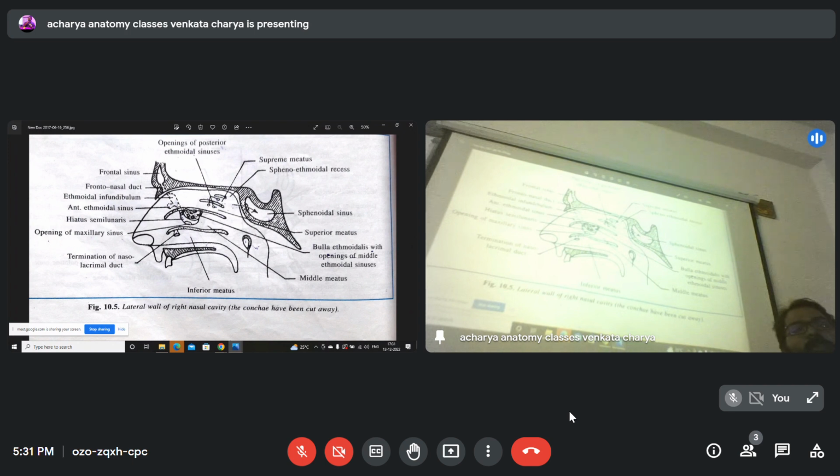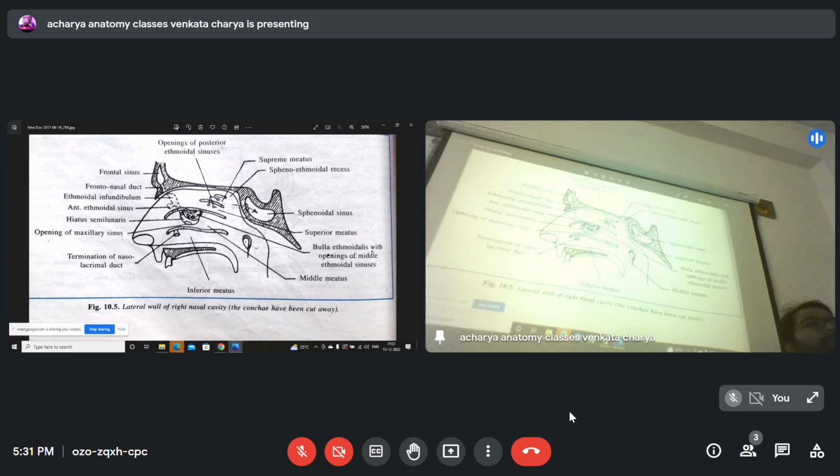In the superior meatus, there is an opening of the posterior ethmoidal air sinuses.